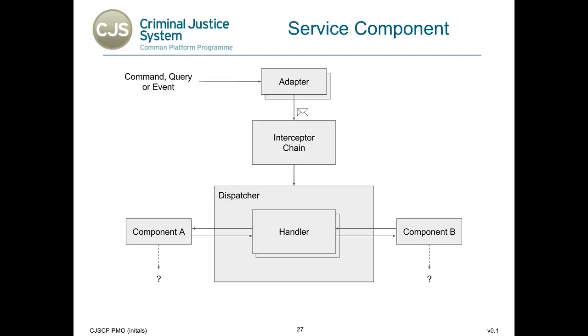Messages come in through an adapter, which is what translates between the outside world, whether it's REST or a JMS message, and our inside world, where we want to deal with messages regardless of where they came from in the same way. So an adapter's responsibility is to do that conversion. So if it comes in via REST, via JAX-RS, then we want to take the information out of that request and turn it into our internal representation of what a message envelope looks like.